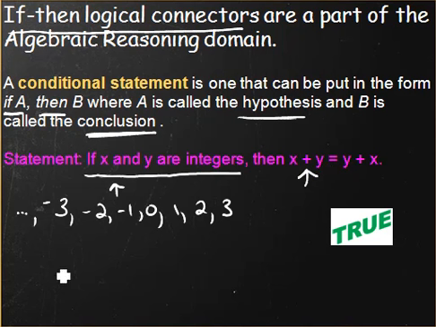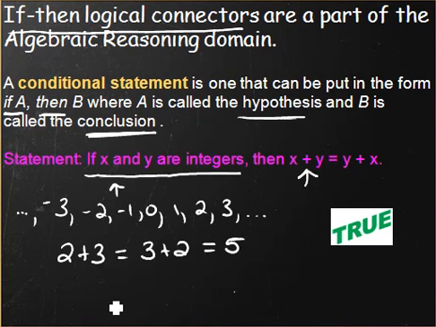Through inductive reasoning, or picking a few examples, we can see that 2 plus 3 is the same as 3 plus 2, which gives us 5, and both 3 and 2 are integers. If we pick different integers such as 0 and negative 2, we have 0 plus a negative 2. We want to know, is that the same as negative 2 plus 0?